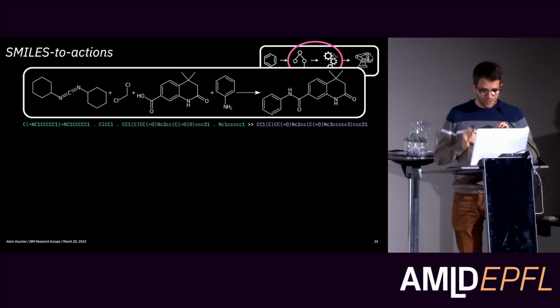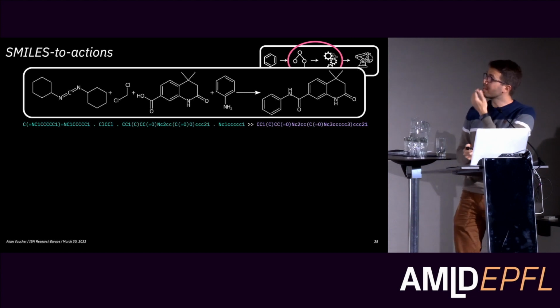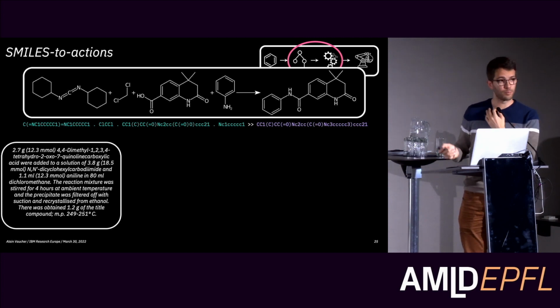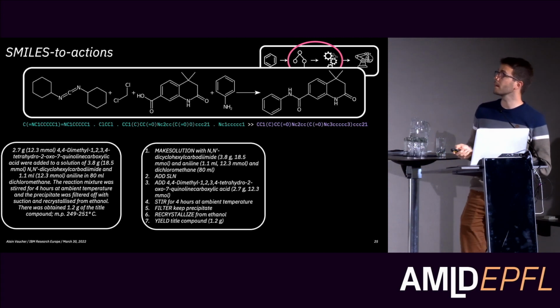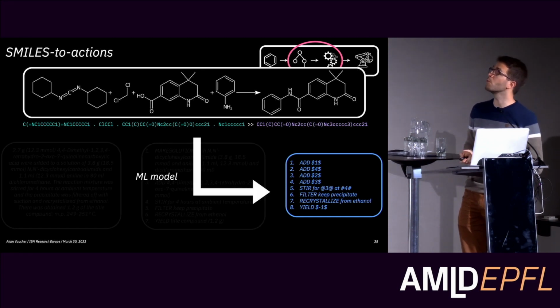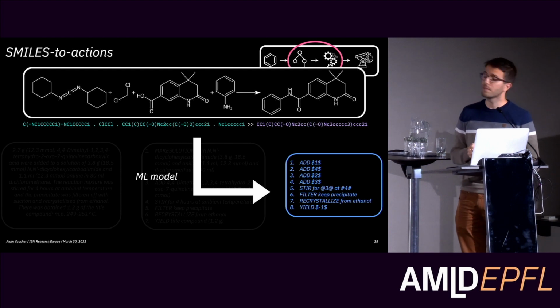If I go very shortly in detail how it looked like, so starting from the chemical equation and the experimental procedure, we would extract the actions, process them, and then the task of this new model would be to predict the actions starting from the chemical equation.